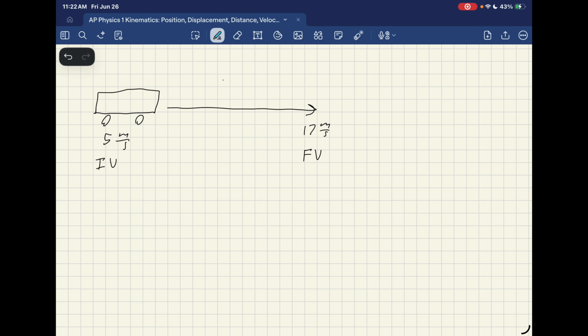Let's say it takes 4 seconds to make that change in velocity. So we have our final velocity minus our initial velocity, 17 minus 5, divided by 4. 17 minus 5 is 12, divided by 4. We have again 3 meters per second squared as our acceleration.